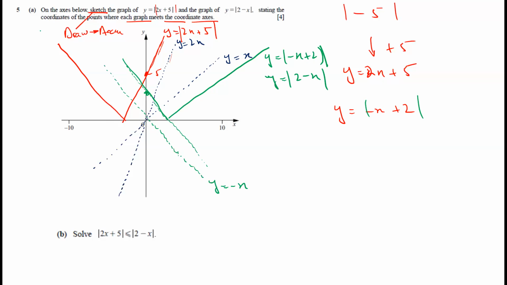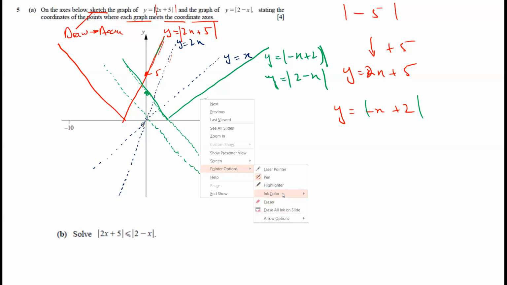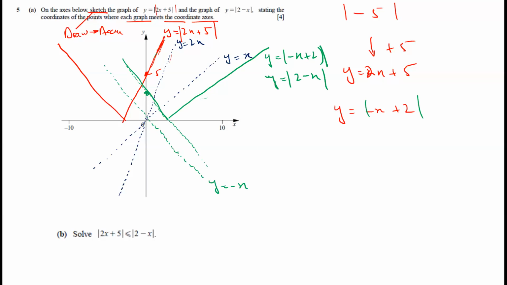Now if you look closely, let's use a different color. This line and this line over here will never intercept, because the gradient is 2 and over here the gradient is 1. So they are moving like this.